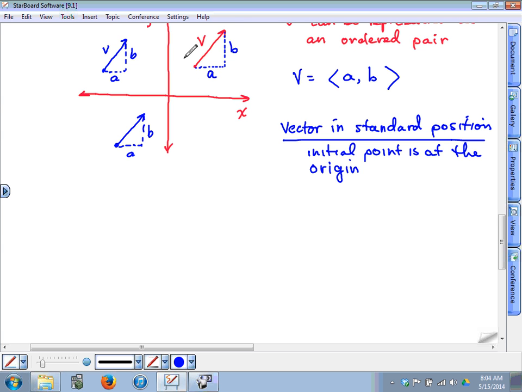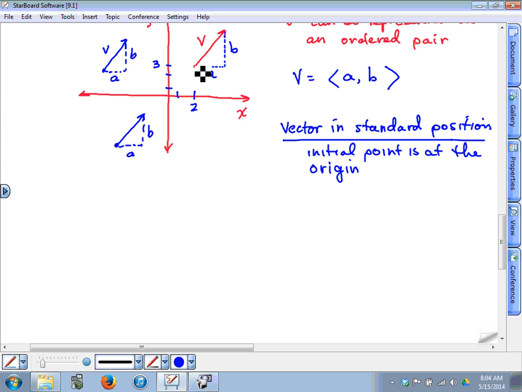So on the vector that you have already drawn, this one that I'm circling, let's say that we go over 2 and up 3. So mark that on your axis. If you didn't really draw it that way, just fudge it a little bit so we can all have the same thing.